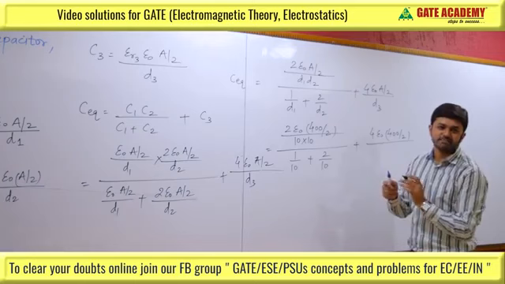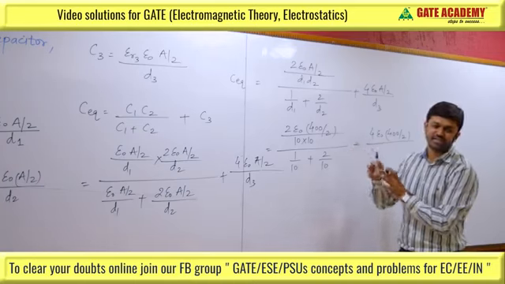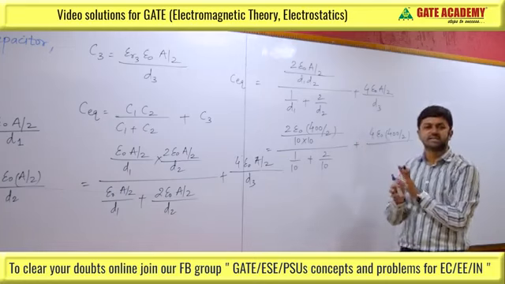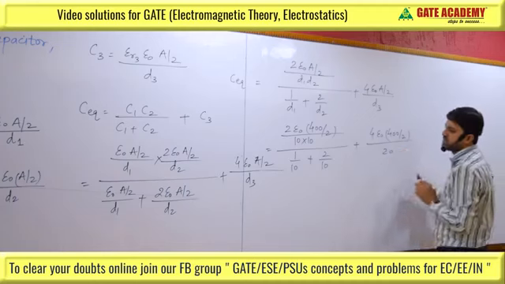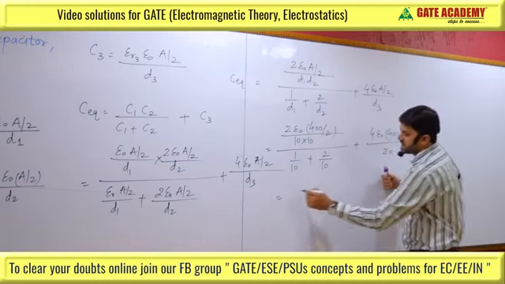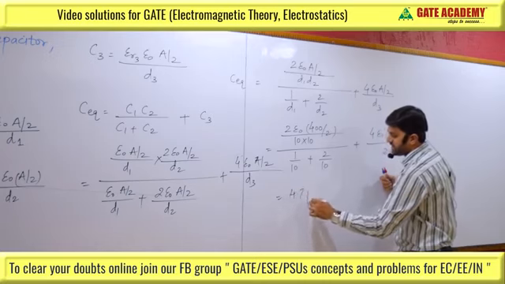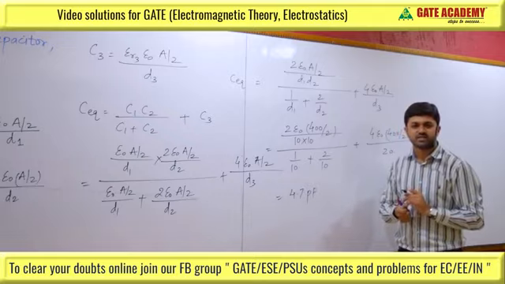D3 is the distance between two plates for dielectric constant characterized by epsilon R3. So the distance for epsilon R3 is the complete distance 20. So after solving this equation, we will get 4.7 picofarad. Hence the correct answer is 4.7.